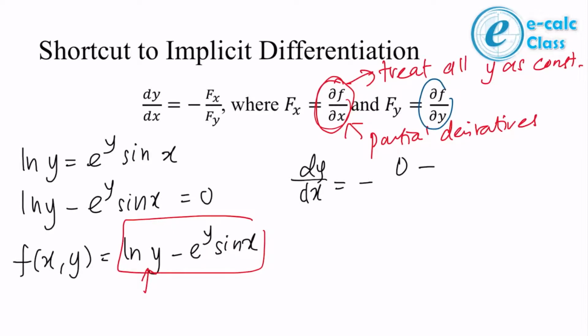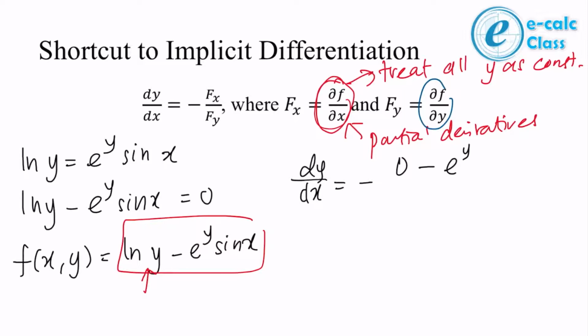Minus, initially when you were doing implicit differentiation, you were doing product rule for this one, right? But now no need, because e^y is a constant. So now it is the constant multiple rule instead.